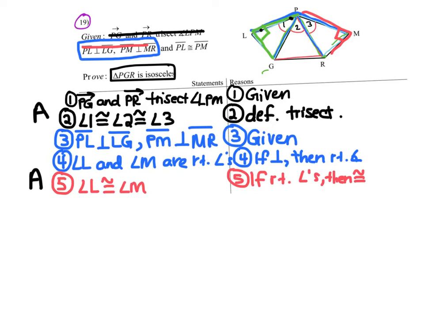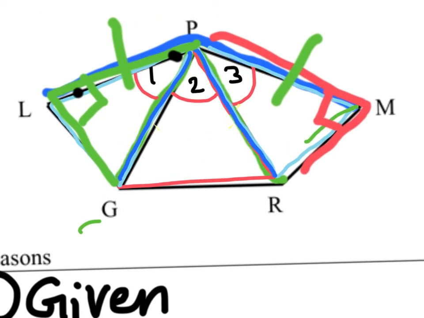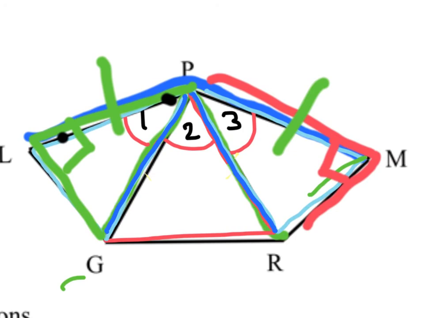My last given is that PL is congruent to PM. So this is congruent to this. So now I have my triangles congruent by angle, side, angle.